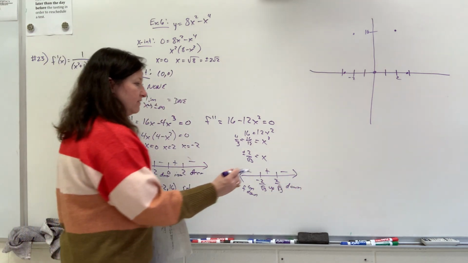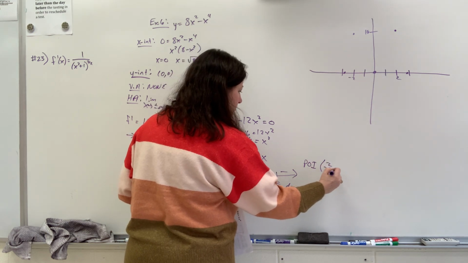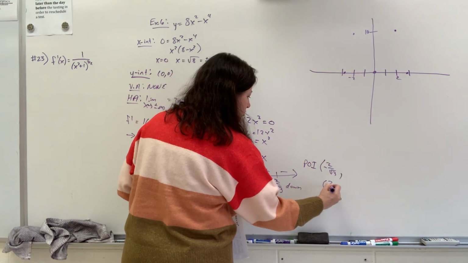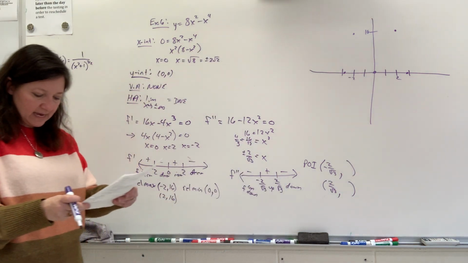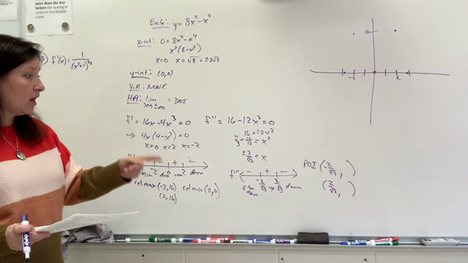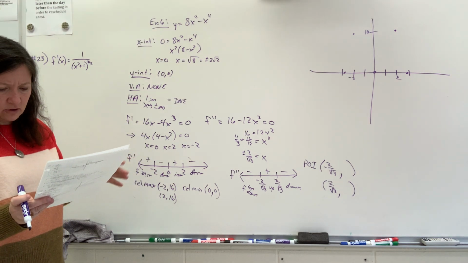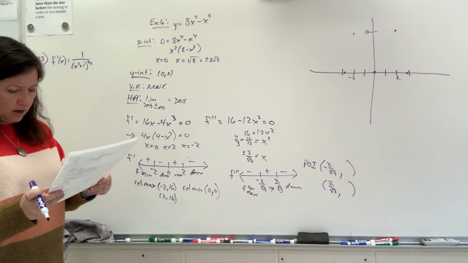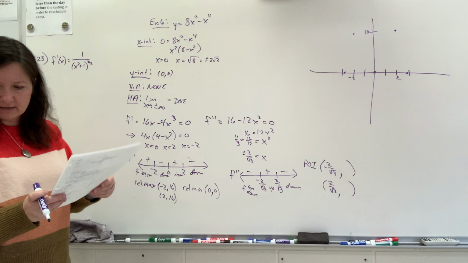So I have points of inflection at negative 2 over root 3, comma something, and 2 over root 3, comma something. How do I get the y coordinate that goes with those x coordinates? I plug the x's in the original. And I did not write those down, so I'm not sure what the decimal comes out to be.